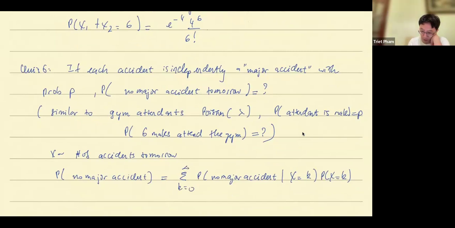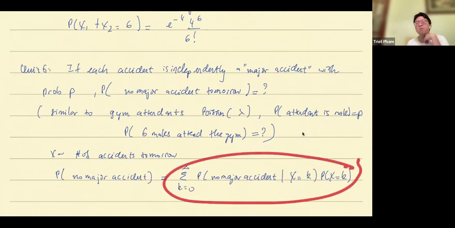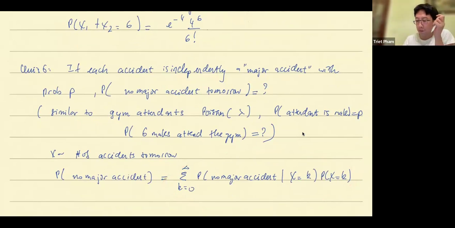Okay. What is this formula called? This is the law of total probability, right?